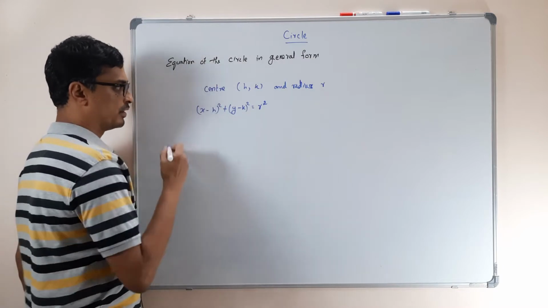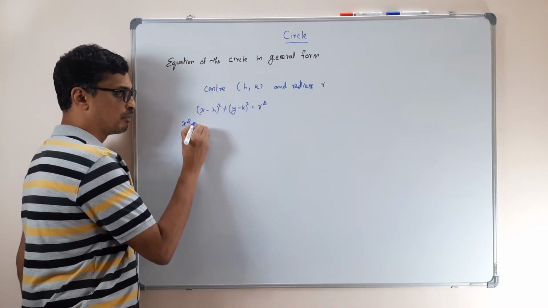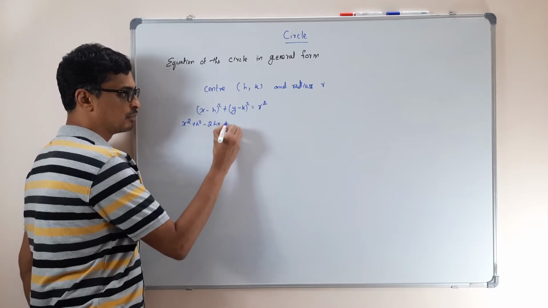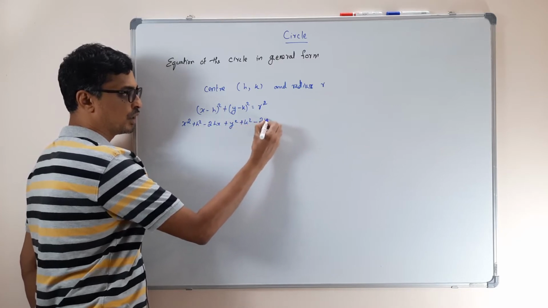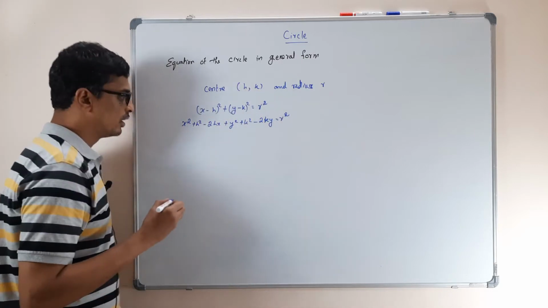Let us expand it. What will this be? x square plus h square minus 2hx plus y square plus k square minus 2ky equal to r square. Correct?